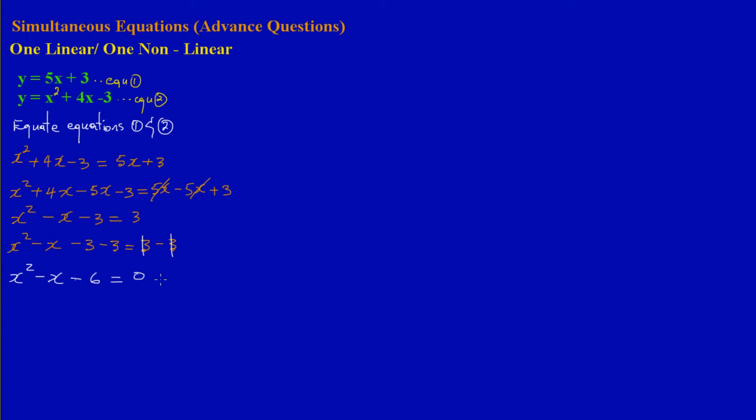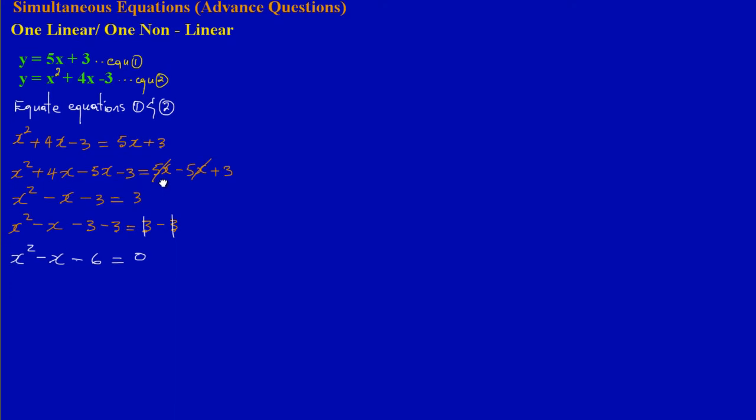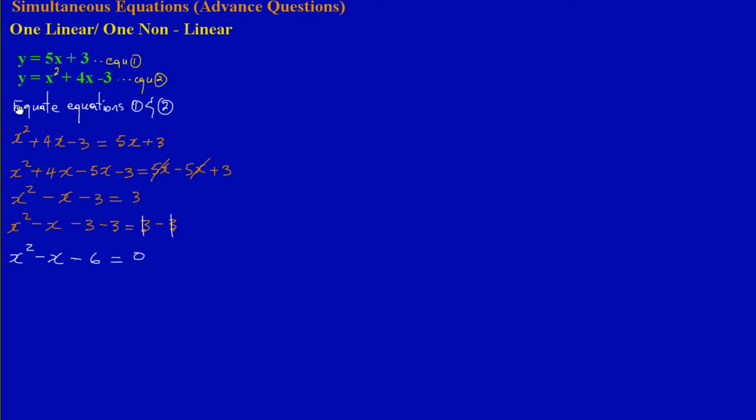Now, in the previous video, I looked at solving a quadratic by using factorization. In this video, just to show you that it doesn't matter which type of method you use, it still works, I'm going to use the quadratic formula rather to solve. So I'm going to just identify what is a.